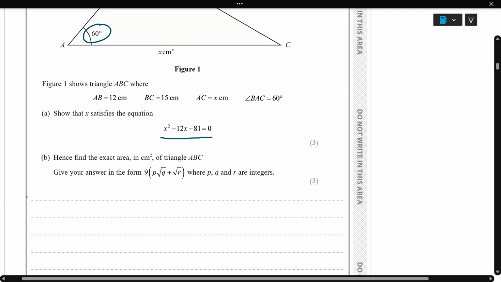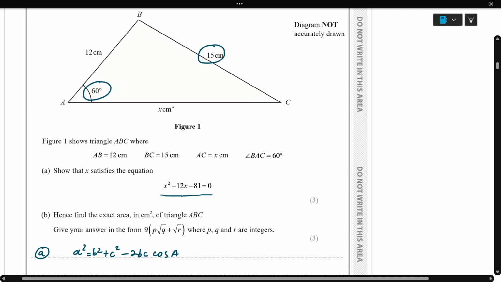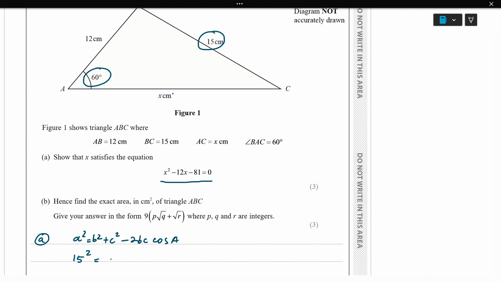So part A. The cosine rule is a squared equals b squared plus c squared minus 2bc cos A. Here a equals, I'll take opposite 15, so 15 squared equals the other side 12 squared plus this side x squared minus 2 times 12 times x times cos 60.